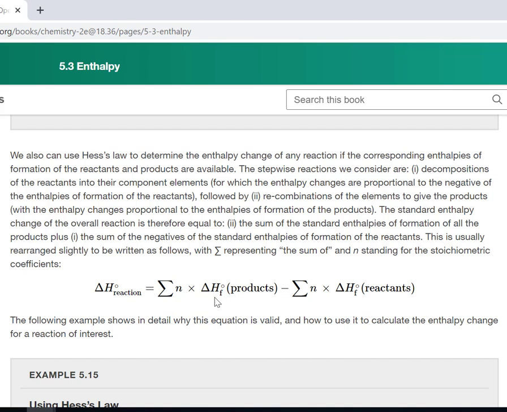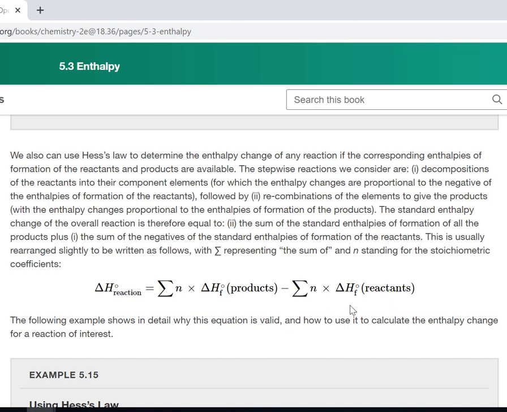So what that means is you look up the enthalpy change of formation, the heat of formation, for each of the products. The n here means the stoichiometric coefficient of the product. So for each product, you look up its heat of formation, multiply that by its stoichiometric coefficient, and then you do that for each product, and then you add them all together.